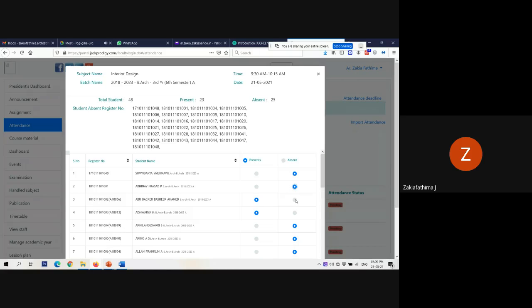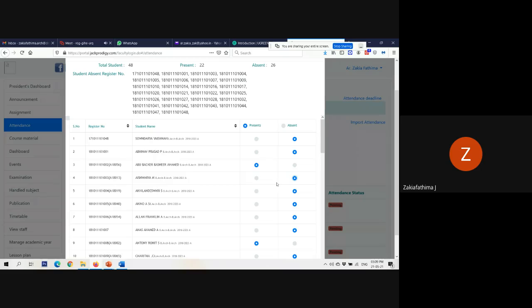Abu Bakr Bashir Ahmad, present. Aishwarya, present. Akhilandeshwari, absent.